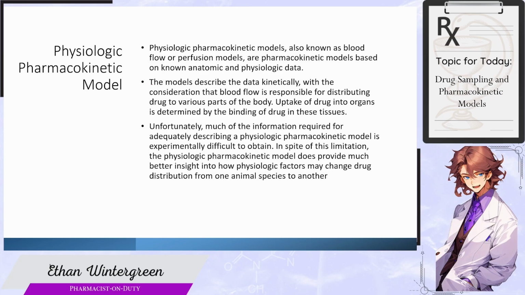Unfortunately, this is a type of model that requires a very abundant amount of data, and it's usually reserved for research settings. Because of the amount of data and the complexity of this model, it is not used in clinical situations.